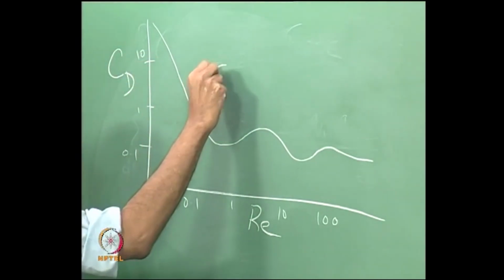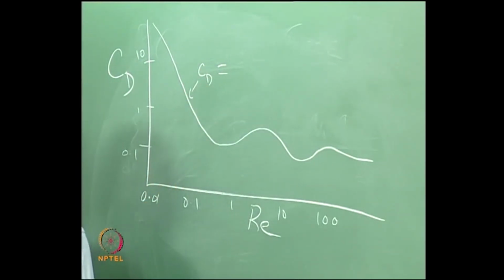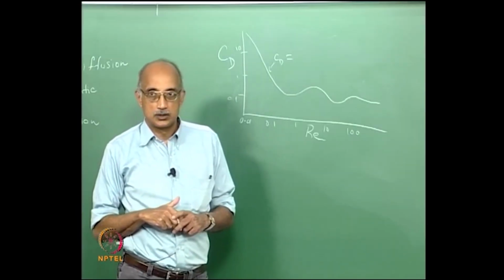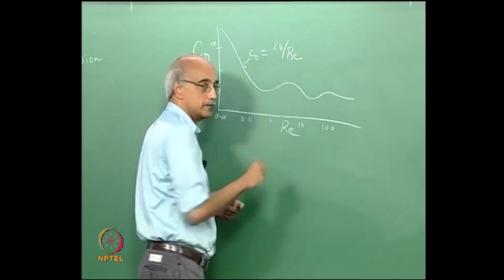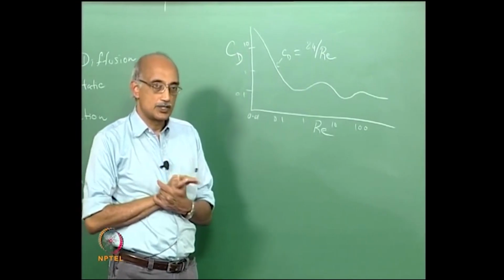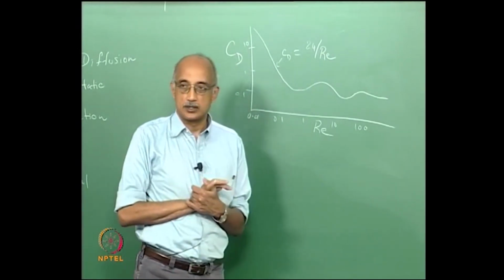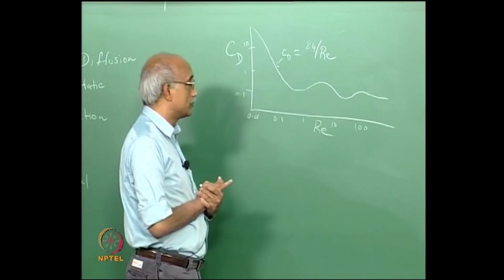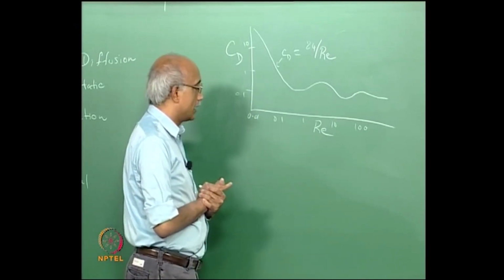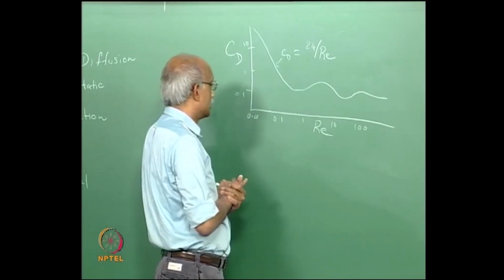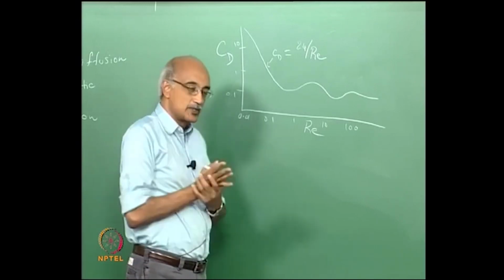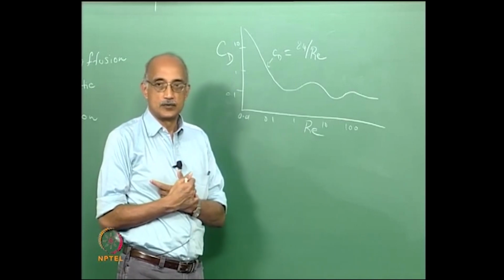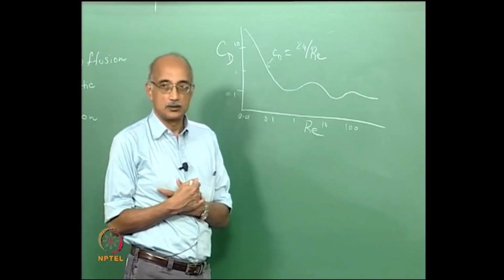So in this limit of Reynolds number being less than 0.1, what is the relationship between drag coefficient and Reynolds number? 24 divided by Re. So in the low Reynolds number regime, the drag coefficient and the Reynolds number are simply related by CD equals 24 over Re, and for higher Reynolds numbers, the drag coefficient does not drop or increase significantly. What happens in the turbulent regime compared to the laminar regime? Is drag higher or smaller, or you cannot say?